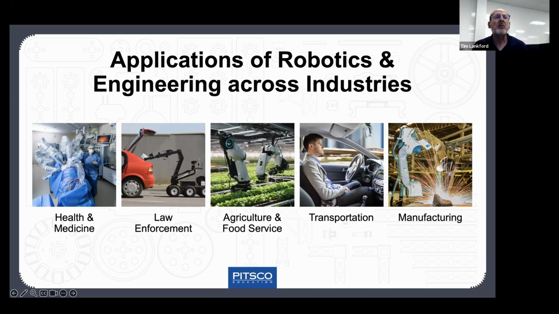And then obviously one of the big areas is manufacturing. There are all aspects of manufacturing where robots are beginning to play a more and more prevalent role, whether it's actual product manufacturing, transportation of raw material from one area of manufacturing to another, or packaging. There are a lot of areas in manufacturing where robotics is becoming more and more commonly used.